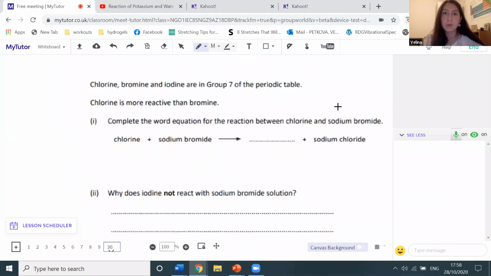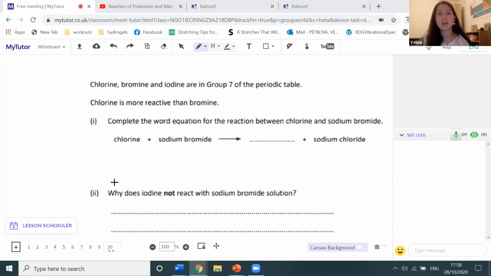Okay, so complete this word equation. Chlorine is more reactive than bromine. So what's missing? Brilliant. So bromine, exactly. Exactly right. So next, why does iodine not react with sodium bromide solution?